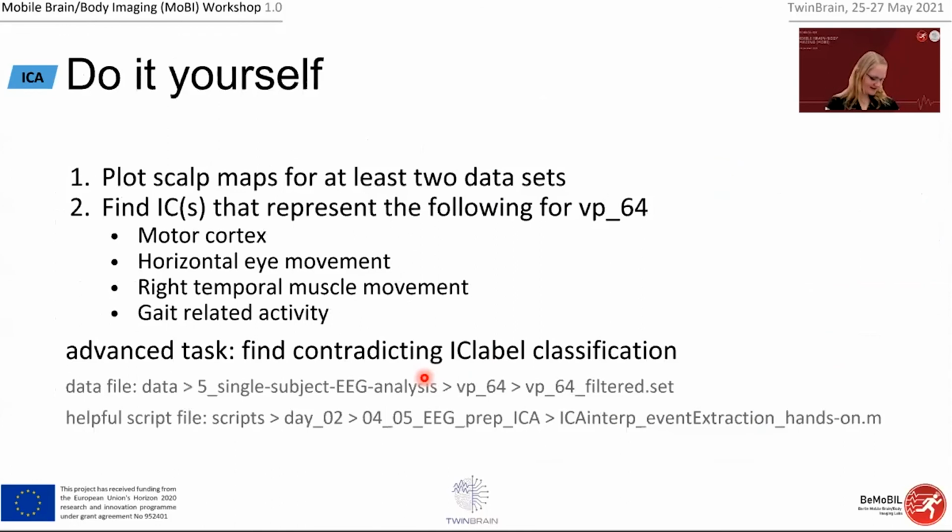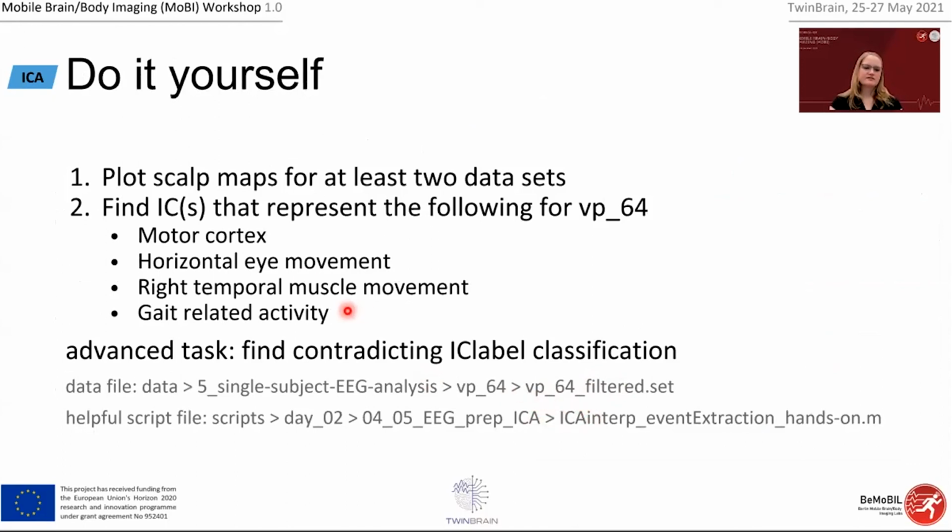Okay. Well, nice. So we're good in time. The task is now yours, and you can just open the data set, the VP64 filtered one, and also check out the other ones if you are fast, and compare things.